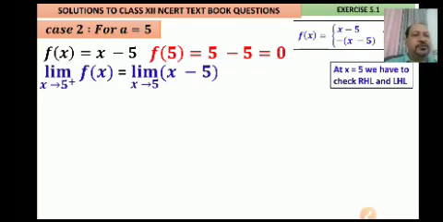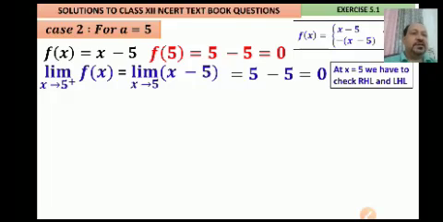Now you have to check at x equal to 5, both RHL and LHL. So limit x goes to 5 positive of f of x equal to limit x goes to 5 of x minus 5, equal to 5 minus 5 equal to 0.